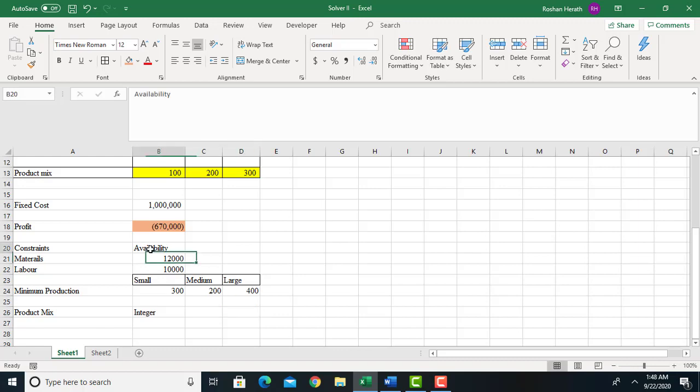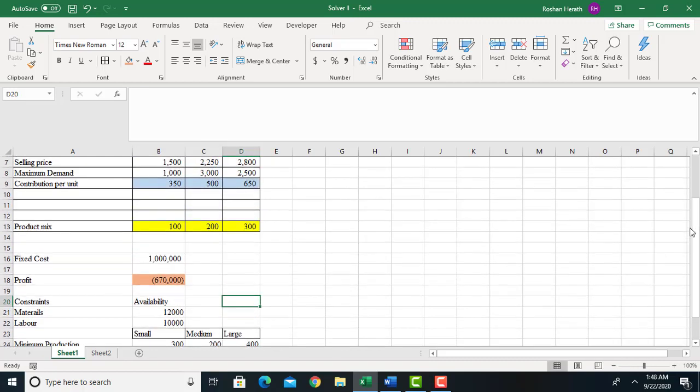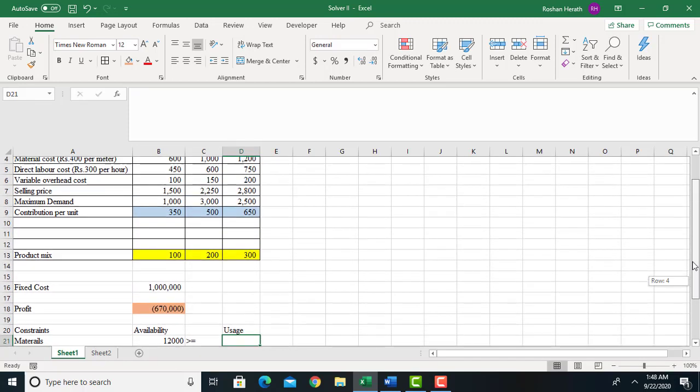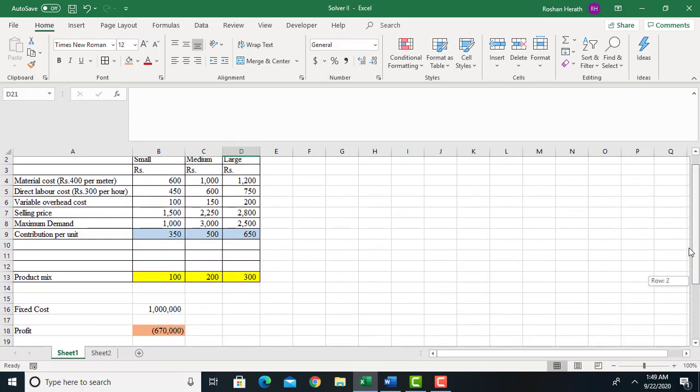Now when we come to the constraints, there is another useful information that you need to figure out. It is about the consumption or usage. The current usage needs to be figured out. So what is the usage? You know, the usage should always be less than or equal to the availability. So I might mention that as well. Availability is the greatest. So in order to get that usage, here you need to know one more information.